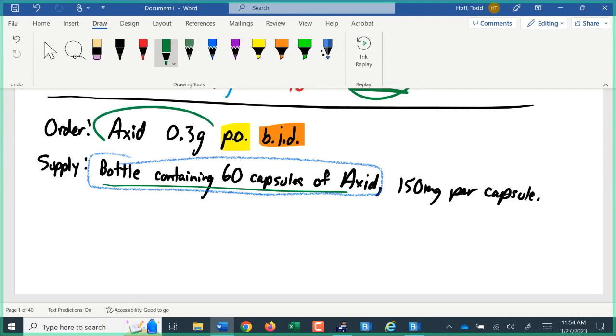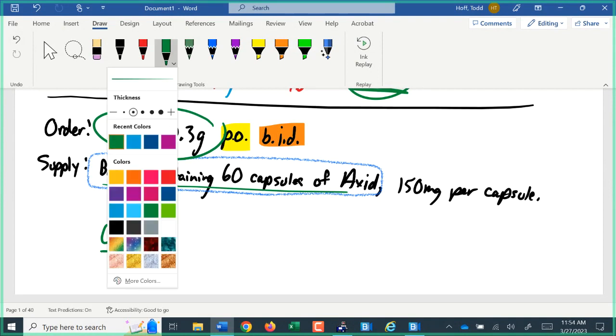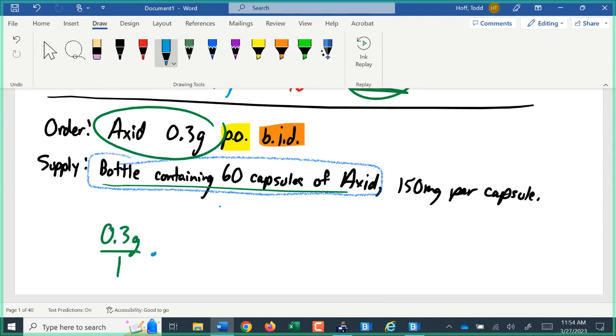So we'll start with the doctor's order here, 0.3 grams, and we'll put that over 1. Now in our next calculation, our next fraction here, we need grams on bottom. But there is nothing in this problem that has grams in it. We do have milligrams, however. So to get from grams to milligrams, this is just one of our simple measurement conversions.